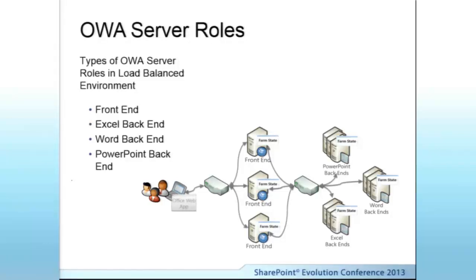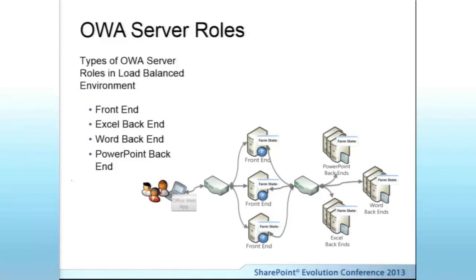So when you create your Office Web Apps environment, you have, over here, 3 web front-end servers with network load balancing set up. Behind the scenes, we have one dedicated to PowerPoint, one dedicated to Word, and maybe one dedicated to Excel. Word is probably used the least, so we can host that on those as well.